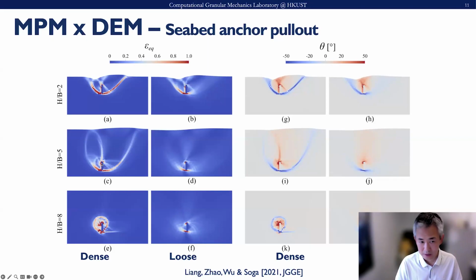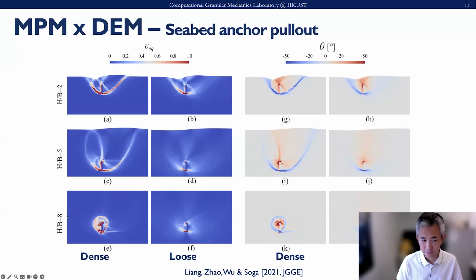When we bury it deeper, with H over B changing from 2 to 5, you can see that in the dense sample it can still generate a shear band that reaches the seabed surface, but in loose samples the surface will hardly be reached. This can be better indicated by the particle rotation, which indicates the shear band.